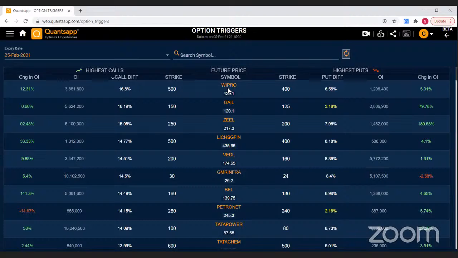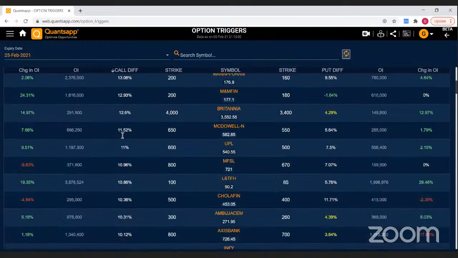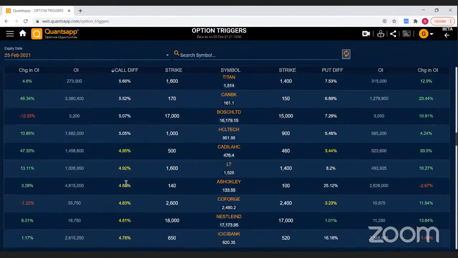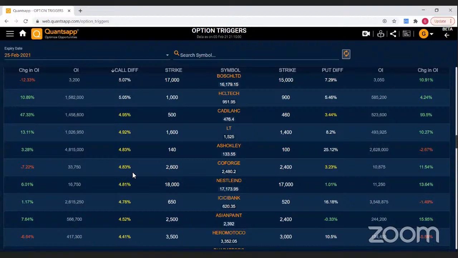So if you see any difference of more than 5%, in terms of -5% and +5%, for both call and put, that is indicated in white. Any difference of more than 2% but less than 5% is indicated in yellow.